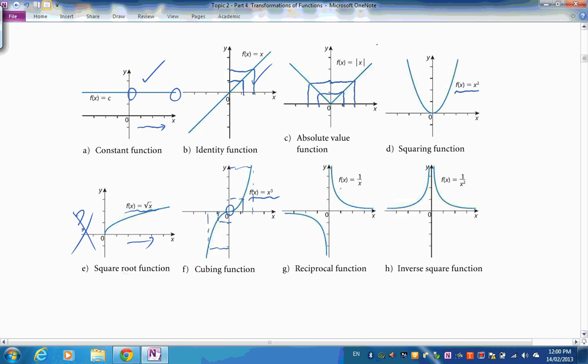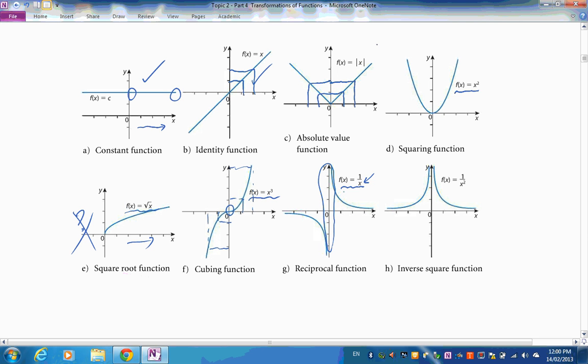Reciprocal function, reciprocal meaning 1 over, and we've seen in domain and range problems that this does mean a change, or you need to look at the restricted domain because you can't divide by 0. So x equals 0 is not in the domain of this function, so in other words, it can't touch the y-axis. That's an asymptote.